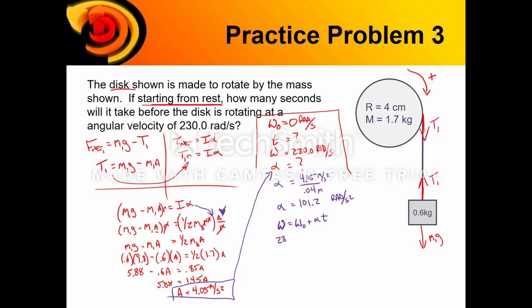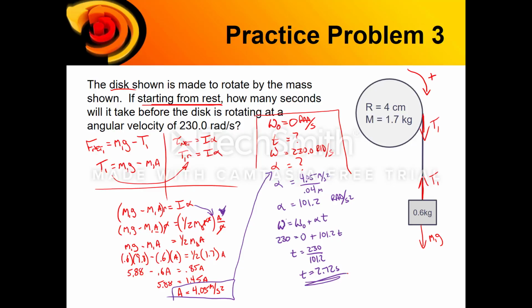So I get 230 is equal to 0 plus 101.2 times t, where t is going to be equal to 230 divided by 101.2. Put that in my calculator and get time is equal to 2.72 seconds.